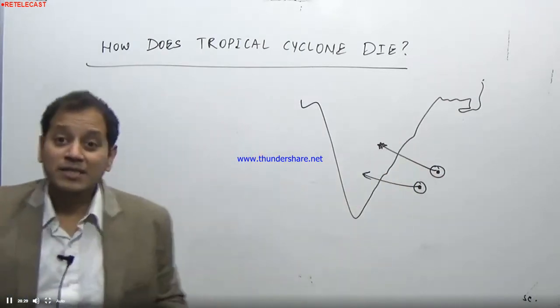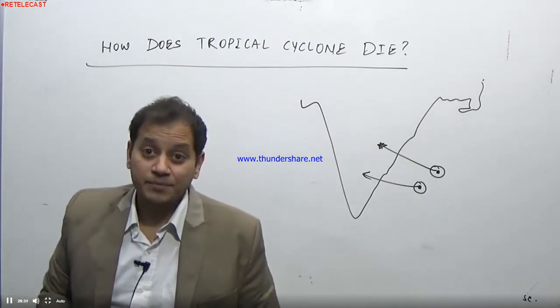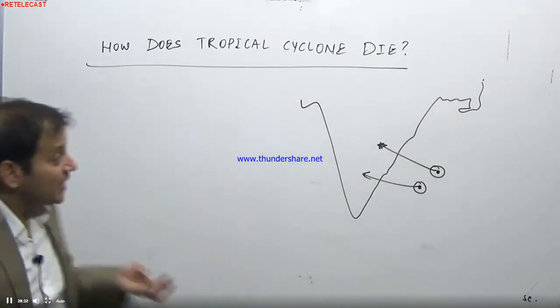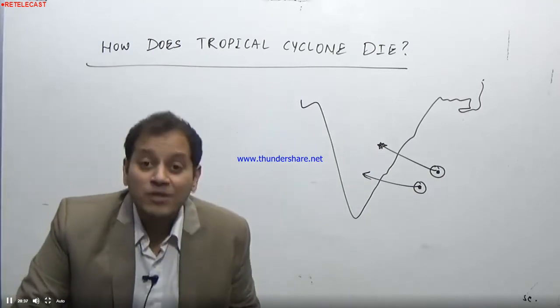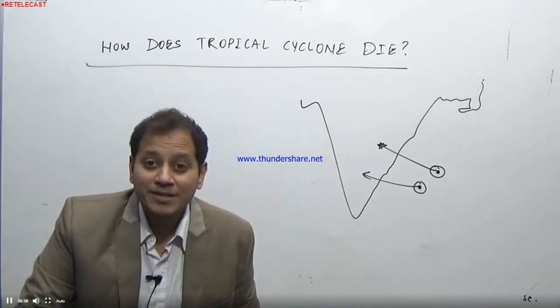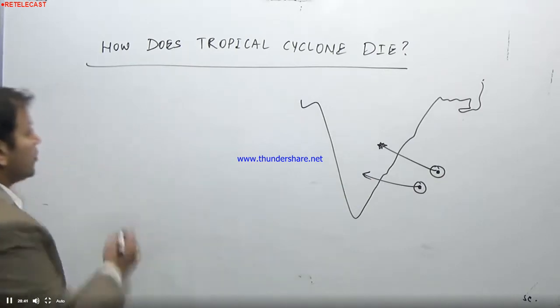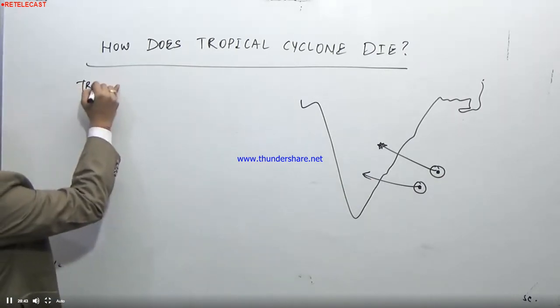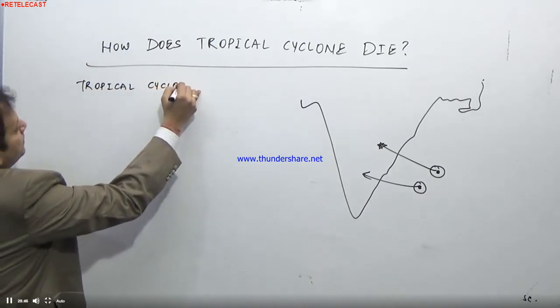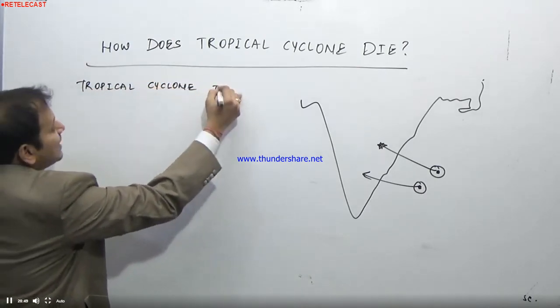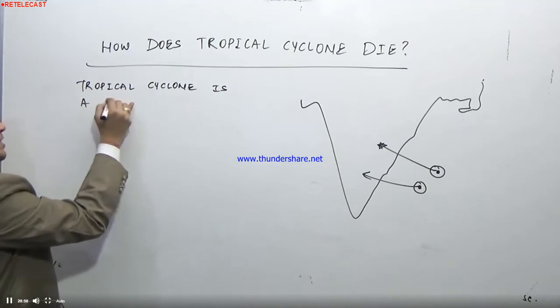So how does the tropical cyclone die? What is the condition which is necessary for the tropical cyclone, or where does the birth of a tropical cyclone take place? The tropical cyclone, you know, is a moist heat engine.